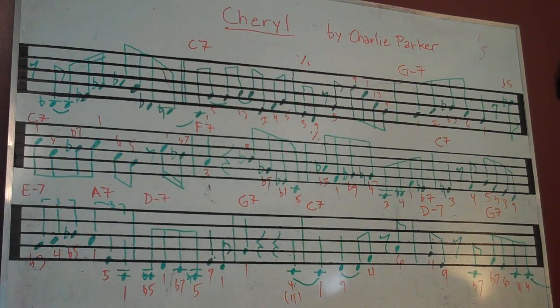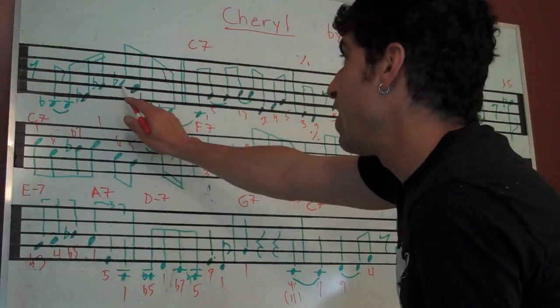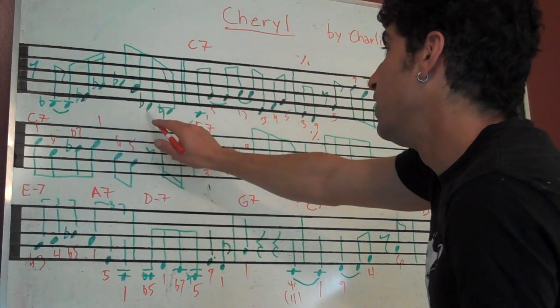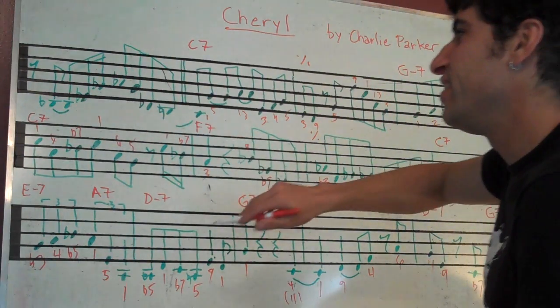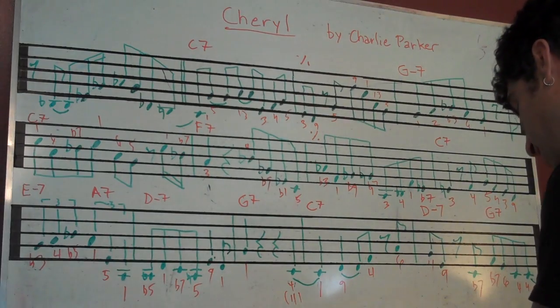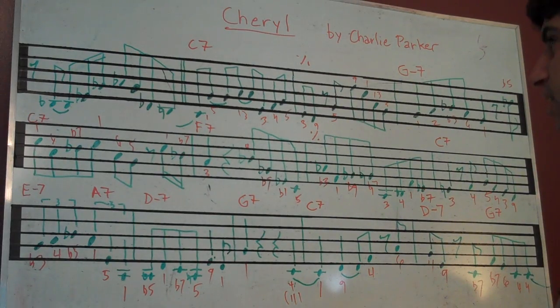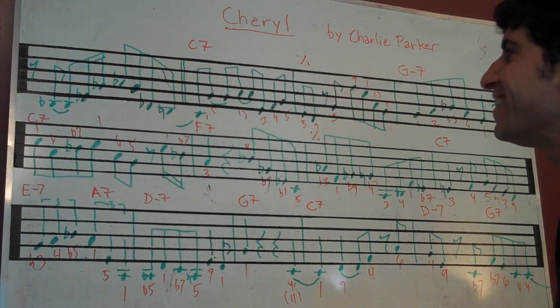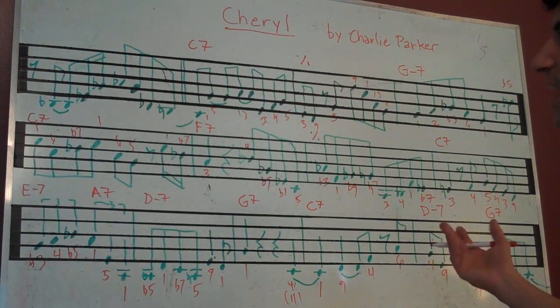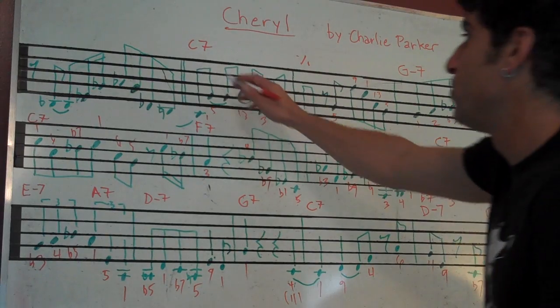Maybe it was D7, maybe D7 flat 5, because you'd have that A flat in there, to 11, to flat 9, 13. I don't know. That's up for speculation, I guess. But in any case, it's just a pickup to this one.